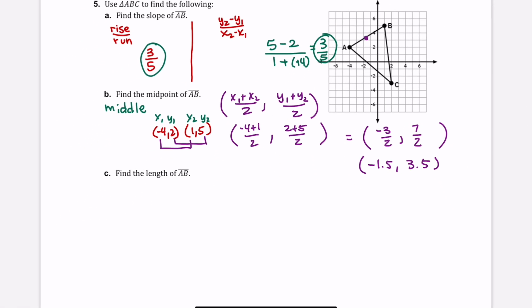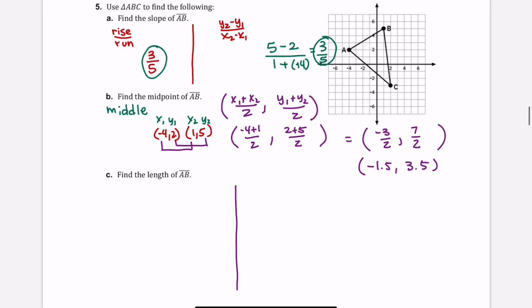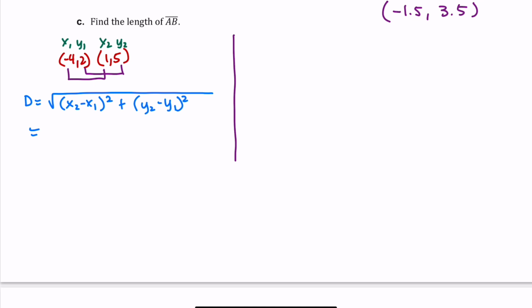Okay, now to find the length of AB, we're going to use the Pythagorean theorem and the distance formula. We have these same 2 points. We plug those numbers into the distance formula. We have x2, which is 1, minus our x1, which is negative 4, squared, plus our y2, which is 5, minus y1, which is 2, squared.